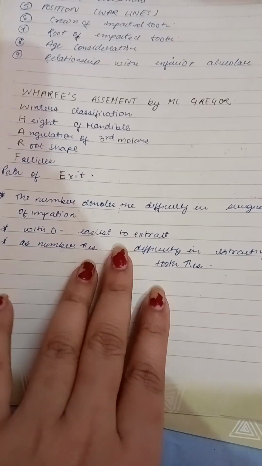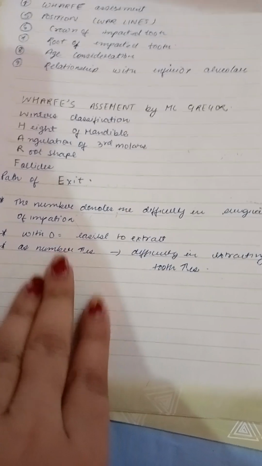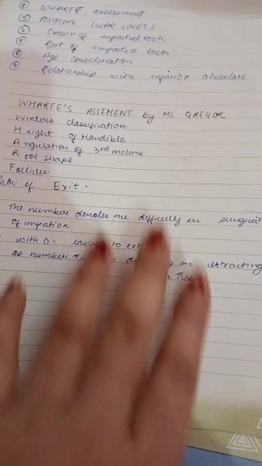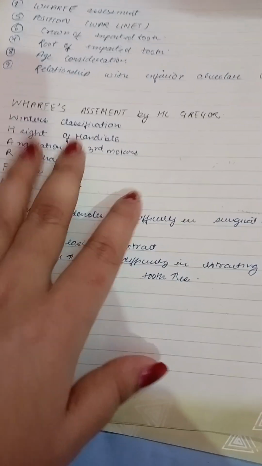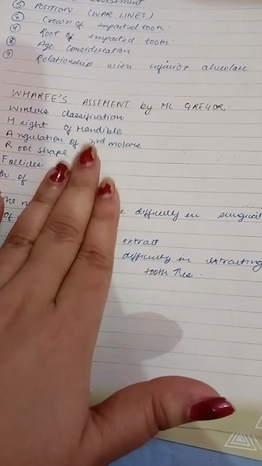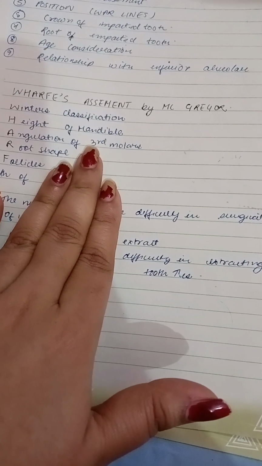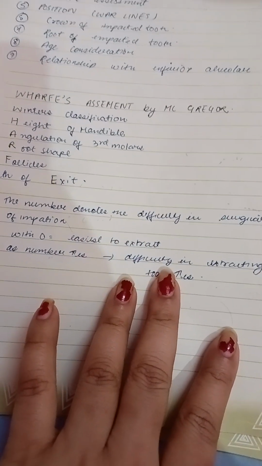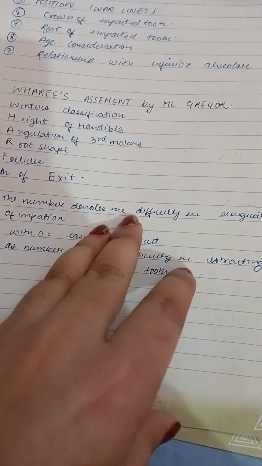With 0, it is easiest to extract, and as the number increases, difficulty in extracting the tooth increases. He has scored the different types based on this.